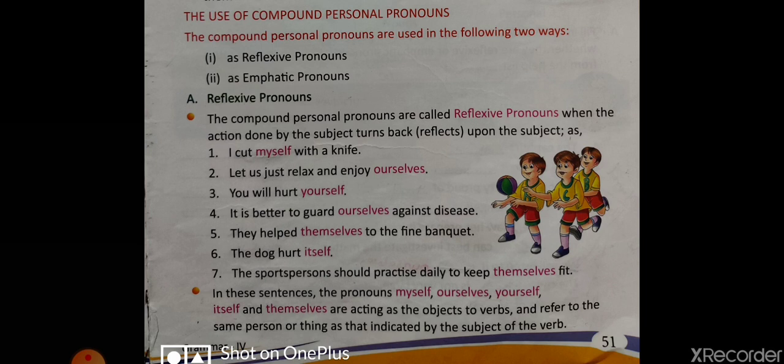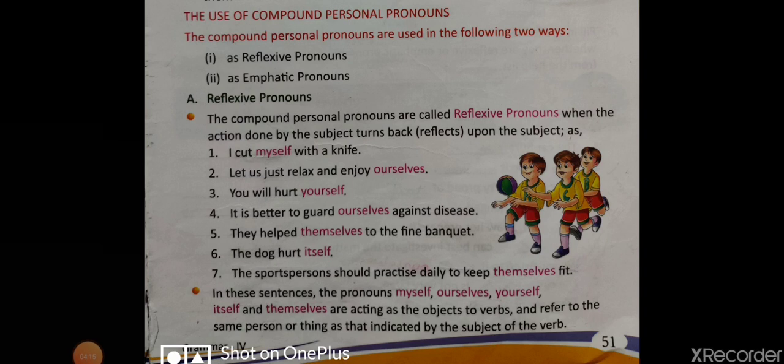You will hurt yourself. In these, the subject is actually doing something and it is turning back on the subject only. It is better to guard ourselves against diseases. They helped themselves.